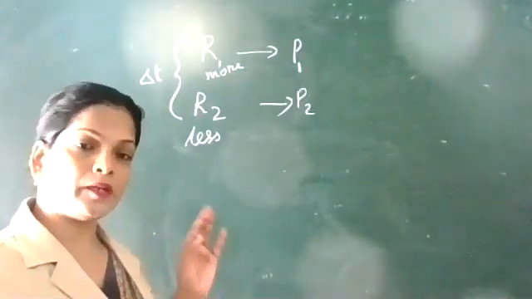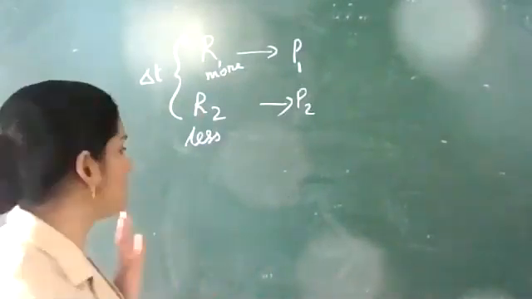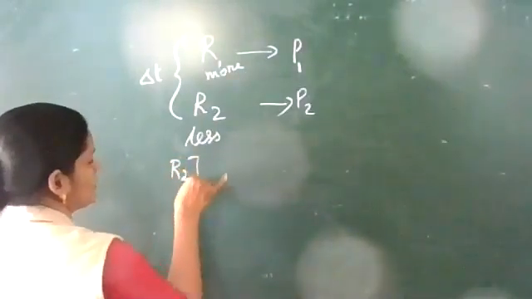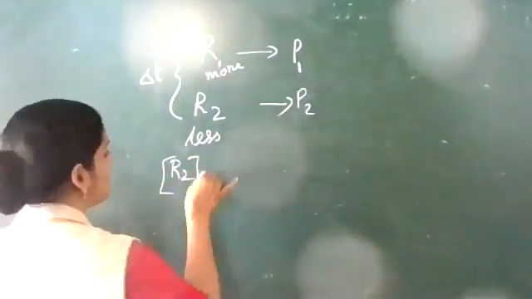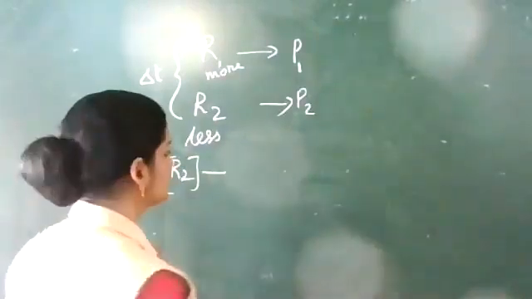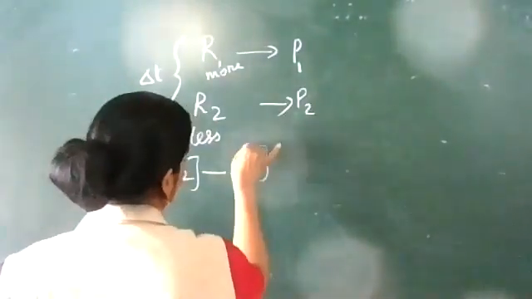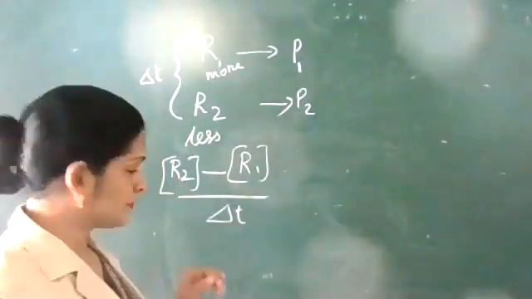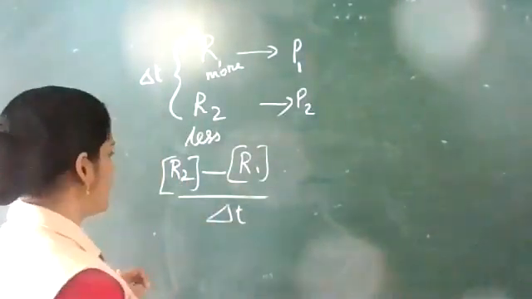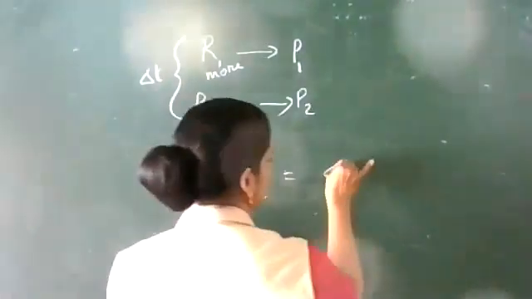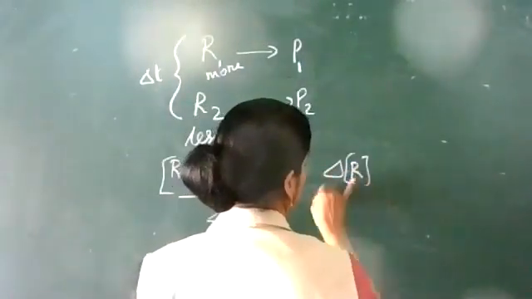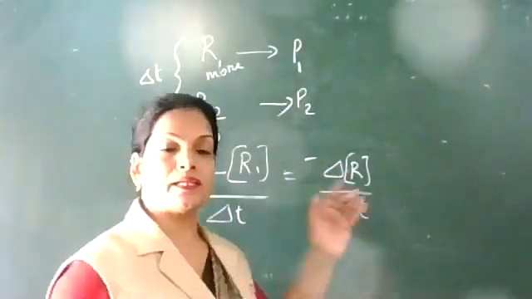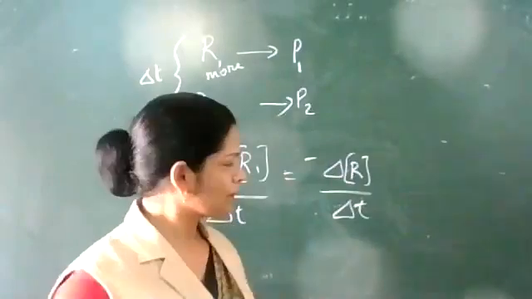So to make the speed positive, simply we put a minus sign. The concentration of the reactant is put in square brackets: minus [R2] minus [R1] upon delta T, that is in unit time. And this quantity we write as minus delta R upon delta T. We put the minus simply to make it a positive quantity.